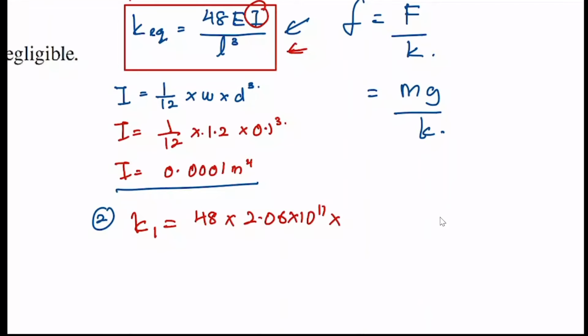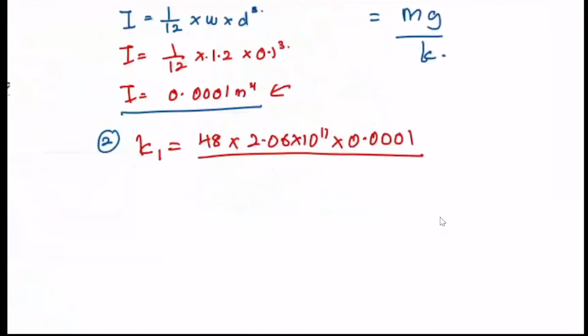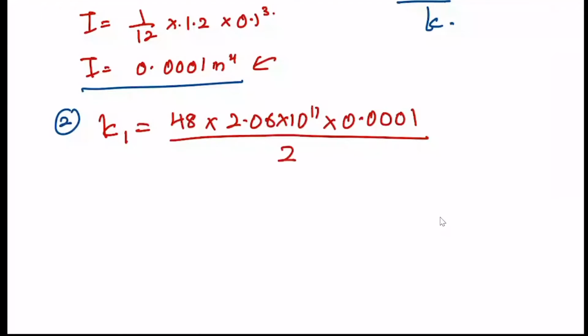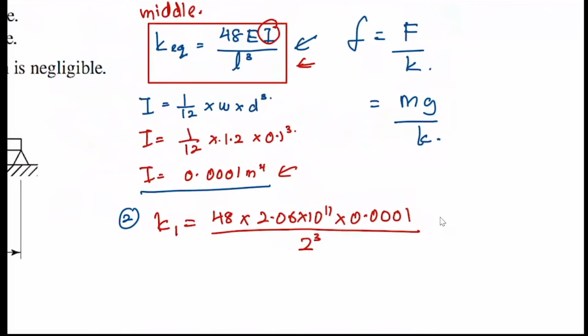We already have the I here, 0.0001, over the length to the power of 3. The length is 2 meter, so 2 to the power of 3. Once you substitute everything, you can calculate the value for the stiffness for the beam.